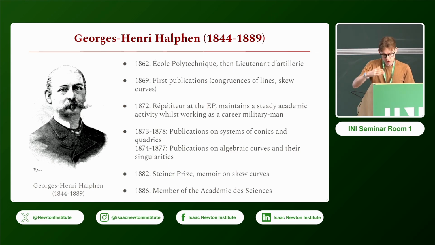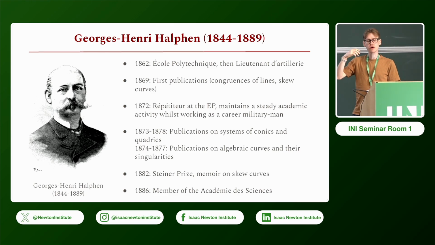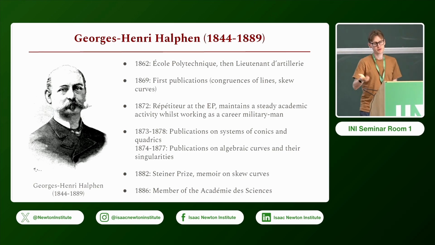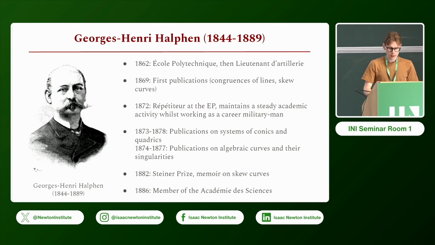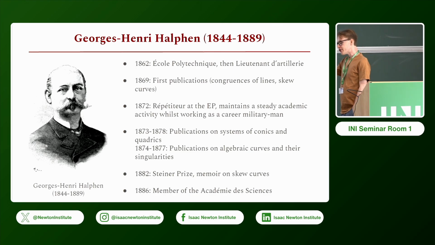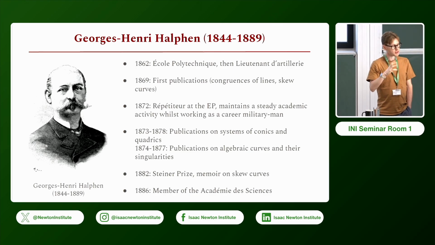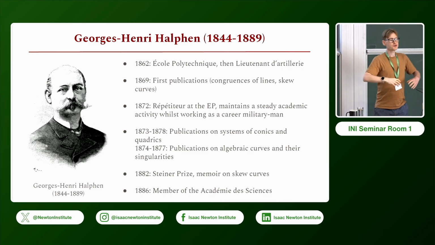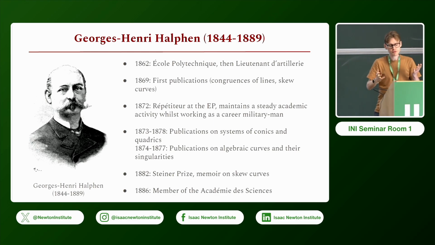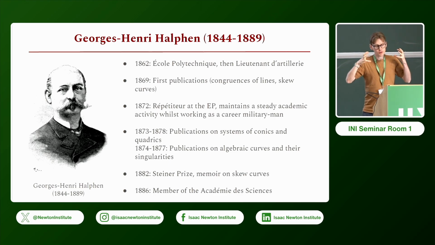So very much someone who, even though he was working as a military man, was recognized by all professional mathematicians of his day, and very much lauded for his analytical skills, his rigor, the perfection of his memoirs, and so on. And so what I want to do is give a very superficial description of two of his memoirs, in order to build an image of how he engages with mathematical objects and what he understands the main task of mathematical research to be.